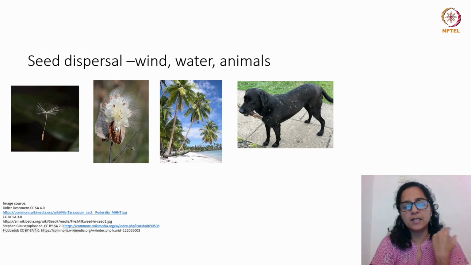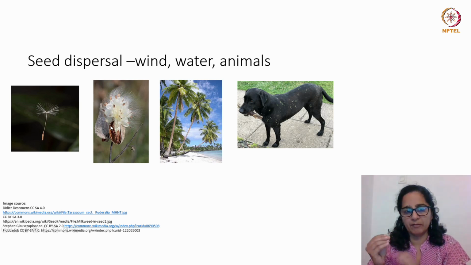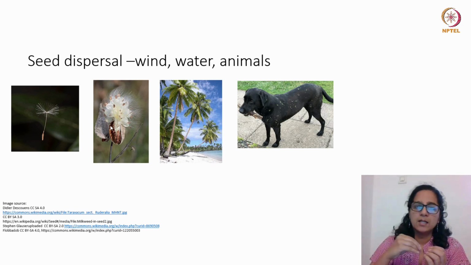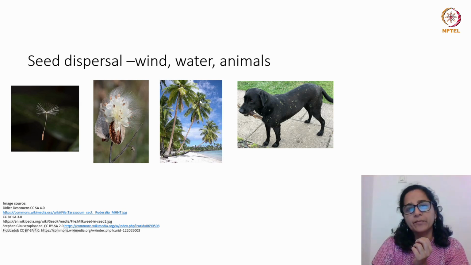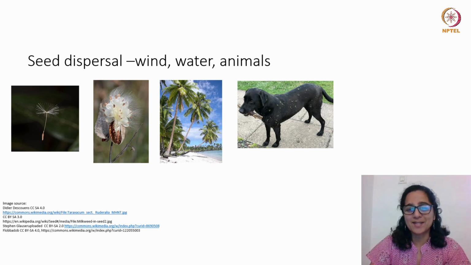Here is a bunch of seeds from a milkweed plant; when the seeds are ready to disperse, they are carried through wind. This is a familiar tree: coconut trees, which are dispersed by water. If coconut trees are near the coast, the seed falls and is carried by water. Of course, not all coconut trees are near water bodies, but this is one common method of dispersal.